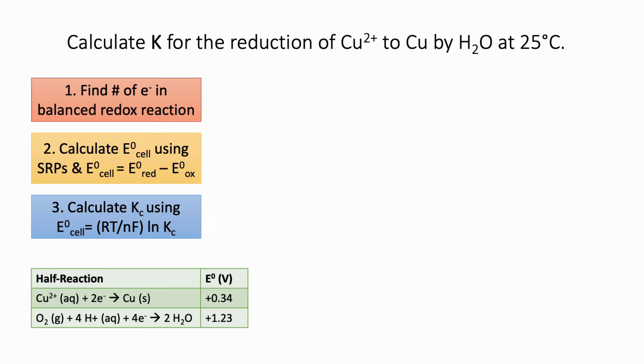Here we're going to reduce copper 2 plus to copper metal by using water again. So this is going to be the same oxidation reaction that we had before. Let's find the number of electrons in the balanced redox reaction. Here's our reduction reaction. Copper 2 plus is being reduced, gaining electrons to copper metal.